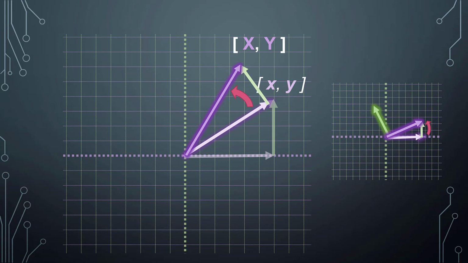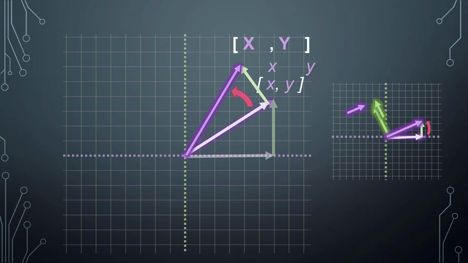Okay, so if we just look at the x and y of the first purple vector, and we look at these two new orthonormal basis vectors on the right, we can see that we can just represent the new purple one as scaled versions of this orthonormal basis on the right by the amounts represented by the coordinates of the first purple vector on the left.